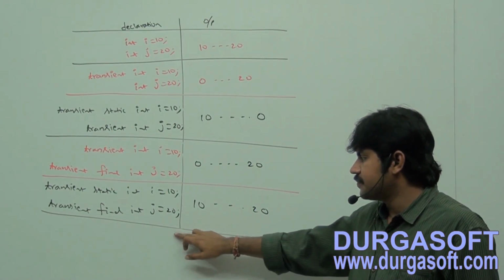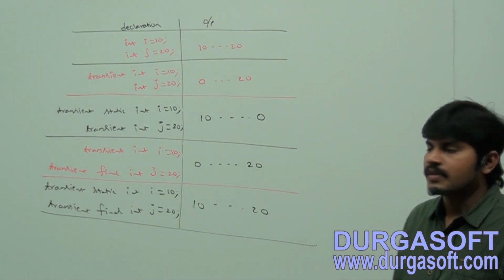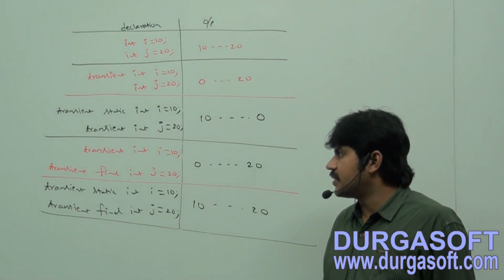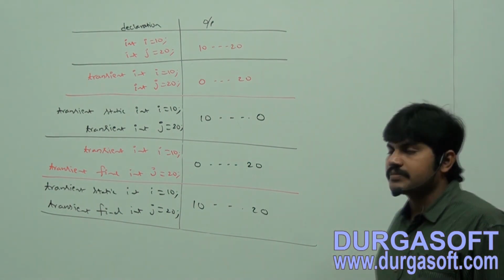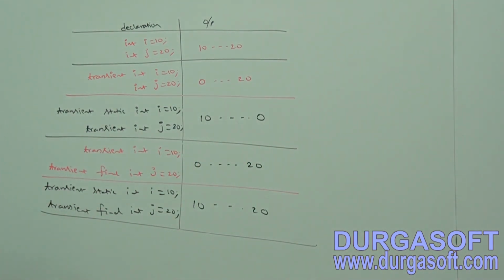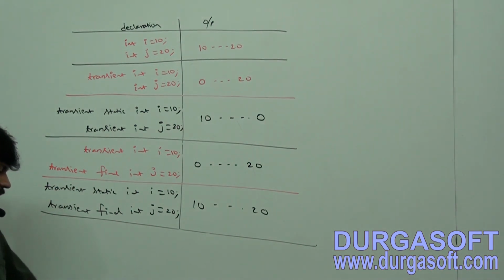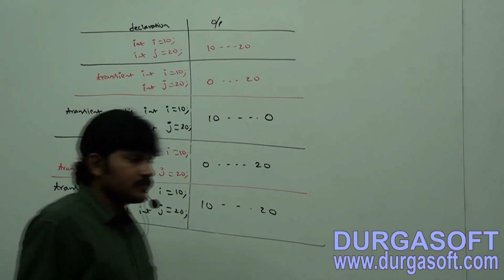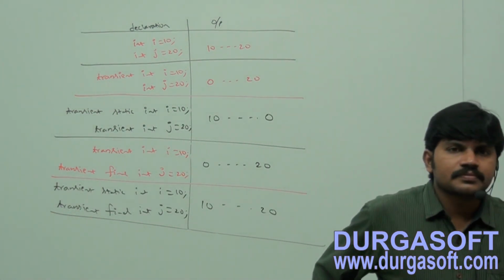Transient static int i is equal to 10, transient int j is equal to 20, gives 10 followed by 0. Transient int i is equal to 10, transient final int j is equal to 20, gives 0 followed by 20.